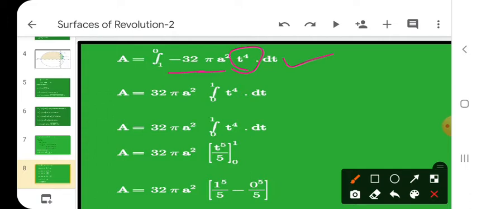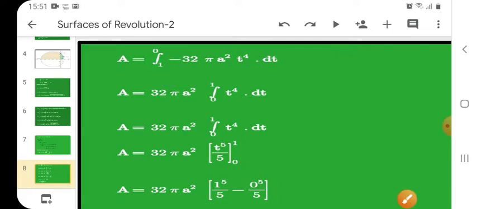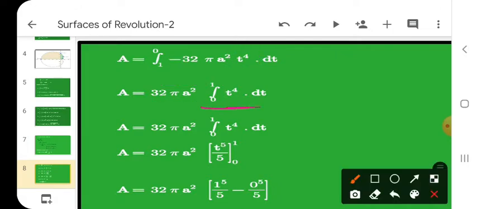Next I write 32 pi a square outside. Here we have minus of the integral from 1 to 0. I write 0 to 1, because if you change the limit order, then the sign is changed. So I changed limits from 1 to 0 into 0 to 1, and the sign becomes plus. See here, 0 to 1 t power 4 dt.